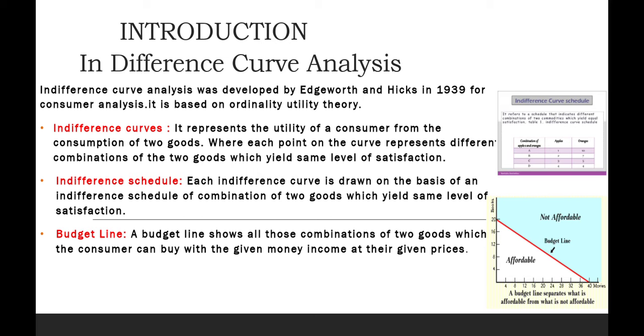Above that it is not affordable because his income is limited. Below the red line it is affordable but it is underutilization of the capacity. So the budget line is only those combinations of two goods which the consumer can buy with a given income and given prices.